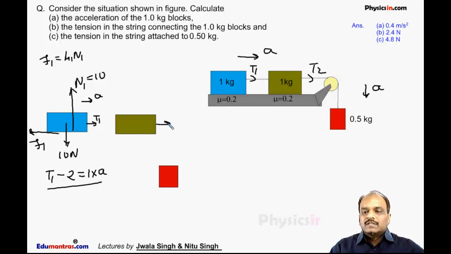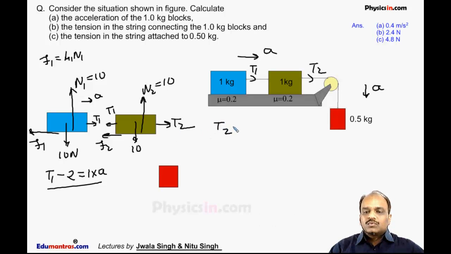In the same way, we will write the tension here is T2 on block B. The friction force here is F2 and the tension here is T1. The weight of this block is also 10 Newton and the normal is also N2, that is also 10 Newton. So for the second block we can say T2 minus T1 minus F2 is equal to 1A.